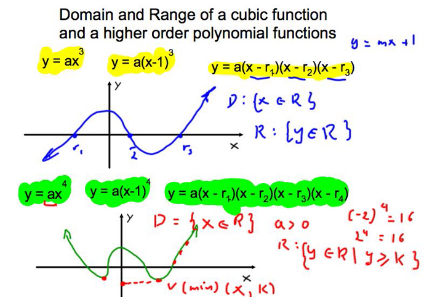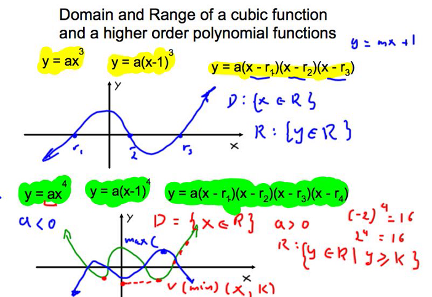Should the a value be negative, if a is less than 0, the entire graph would flip. If that was the mirror image, that would give you more or less a graph that has a close resemblance to the letter M. So in that case, my minimum value will now be considered a local maximum.